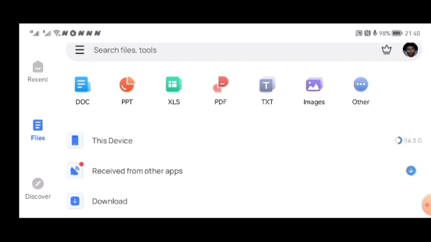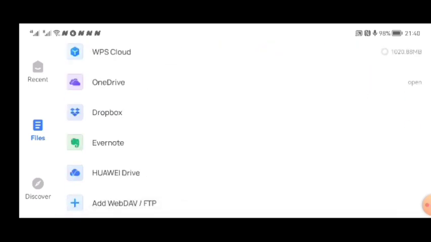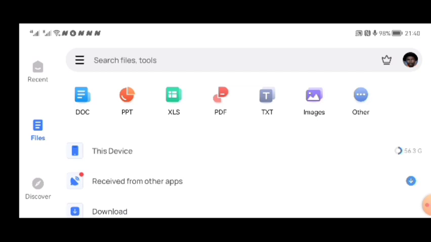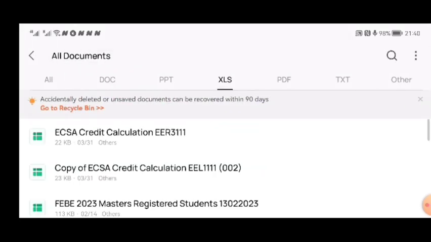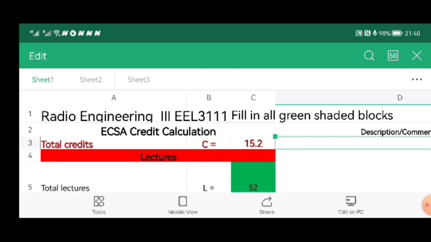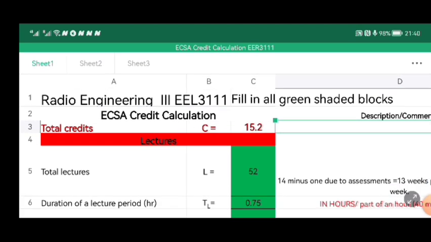It looks like it's somehow hiding from us here. It's an Excel document. There it is. Okay, we found it. Now, this one is not filled in, so we have to start straight away by completing it.